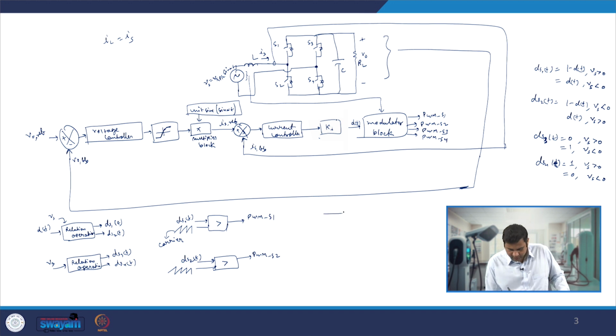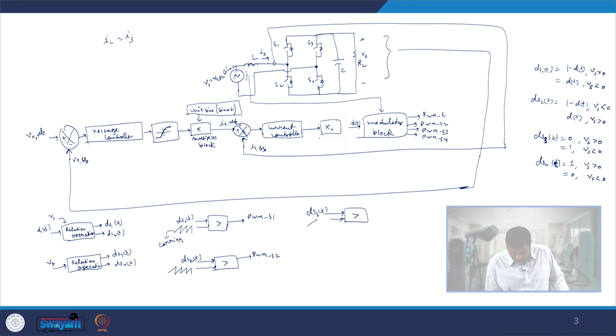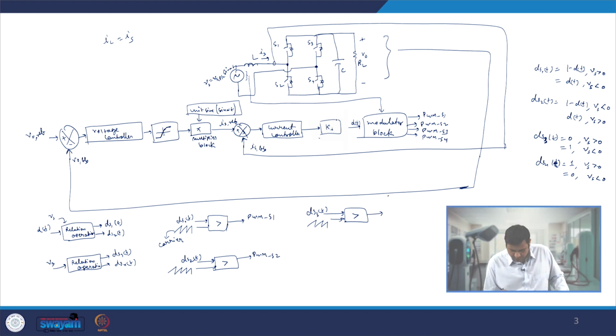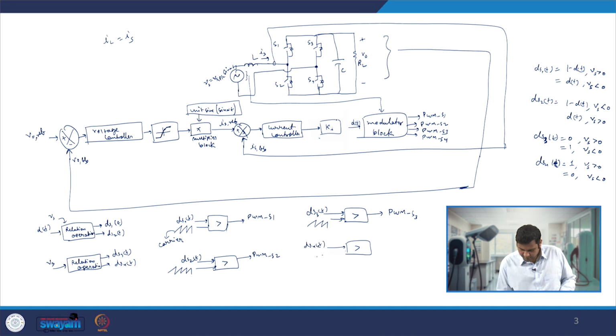Similarly, you can take dS3 of t, compare it with the carrier, and send it to obtain PWM of S3, and likewise compare dS4 of t with the carrier to obtain PWM of S4.